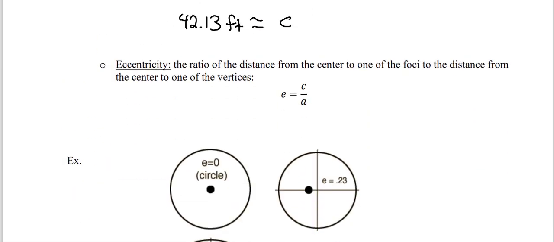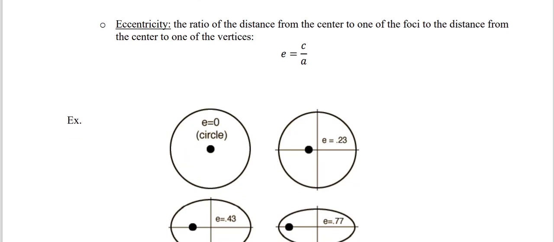Let's talk about eccentricity of an ellipse. It is the ratio of the distance from the center to one of the foci to the distance from the center to one of the vertices.